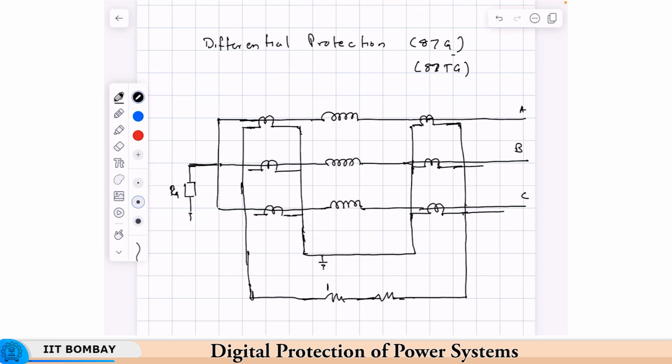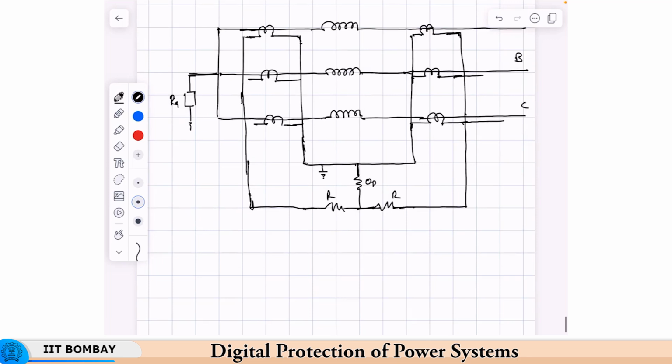Okay, and these are the restraining coils. The operating coil will be connected between, this is the operating coil. Okay, similarly, similar connections will be made for all the other phases.